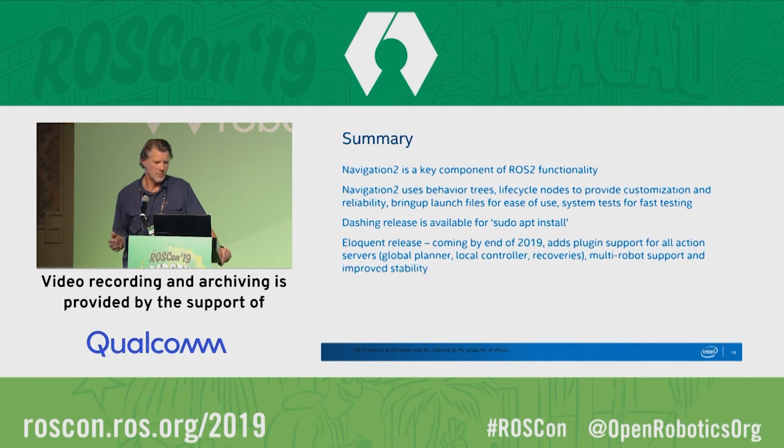We've tried to make it more customizable and reliable. We've added bring up launch files, and we've added system tests for CI. Our Dashing release is available for binary install, and our Eloquent release we're working on right now, we'll have that out by the end of the year.